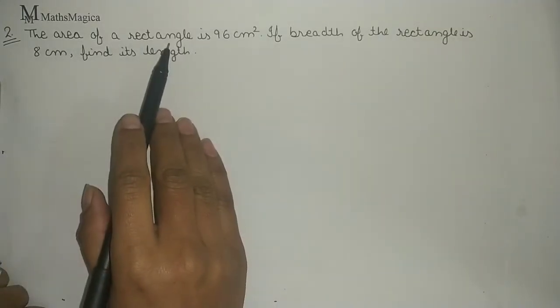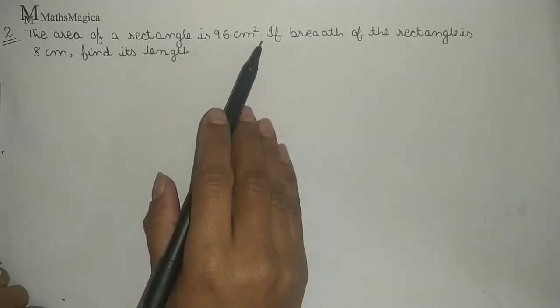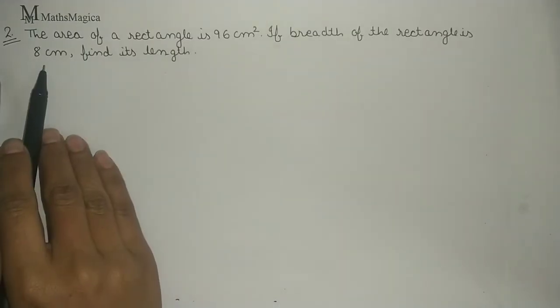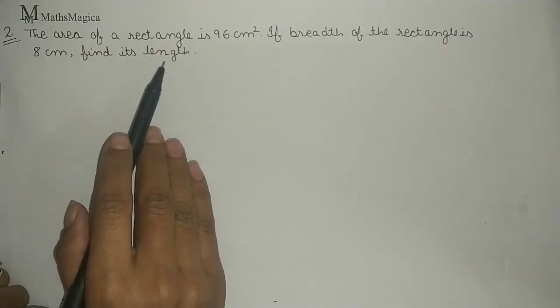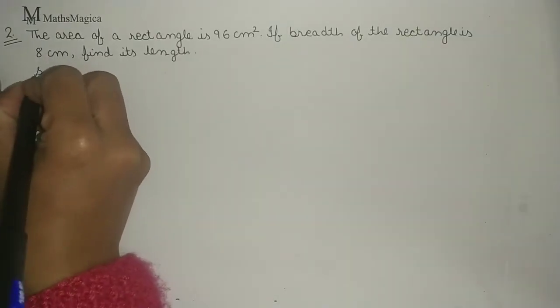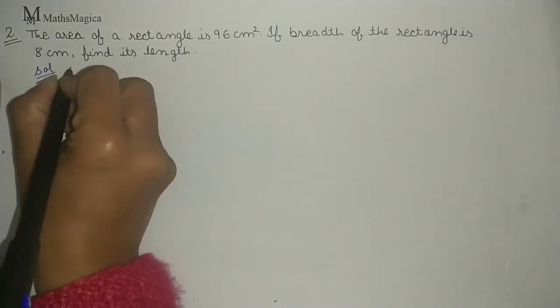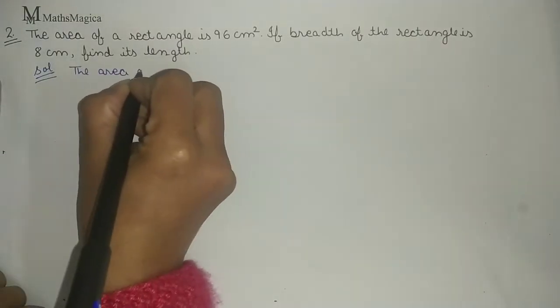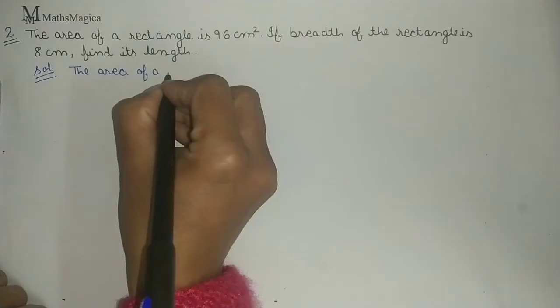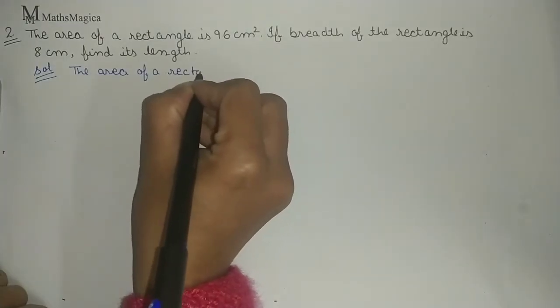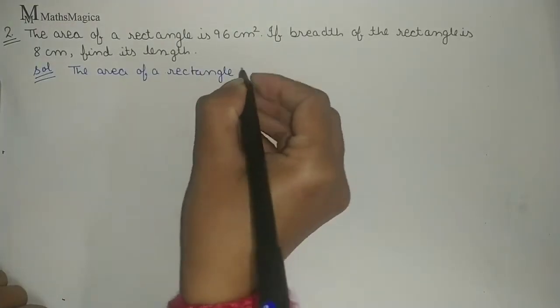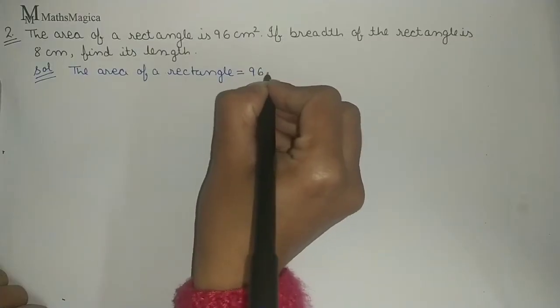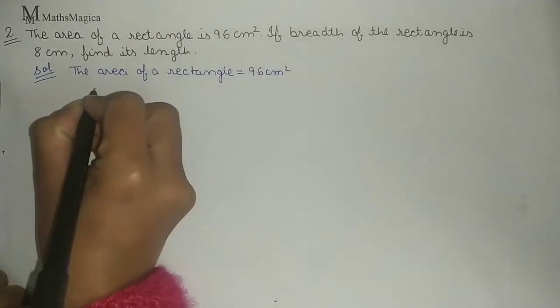Area of rectangle is given 96 cm square. Breadth is 8 cm. Find its length. The solution of question is, the area of a rectangle is equal to 96 cm square.